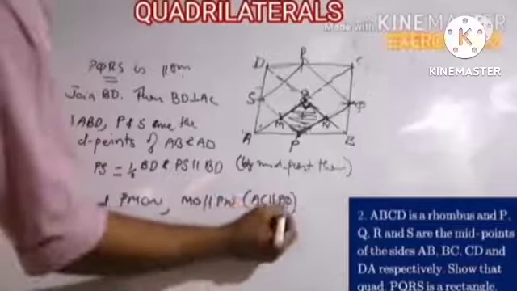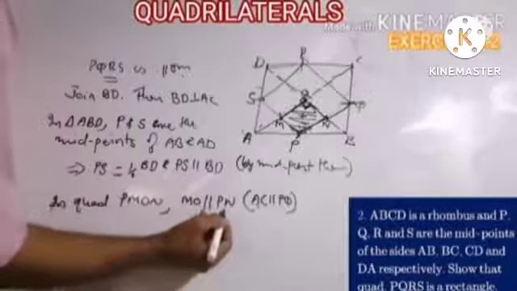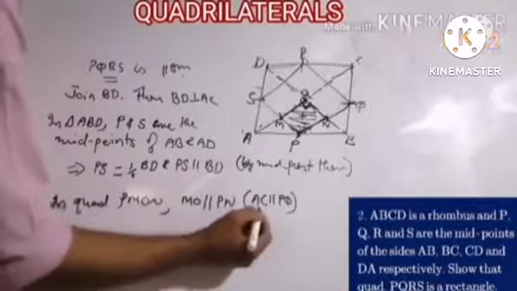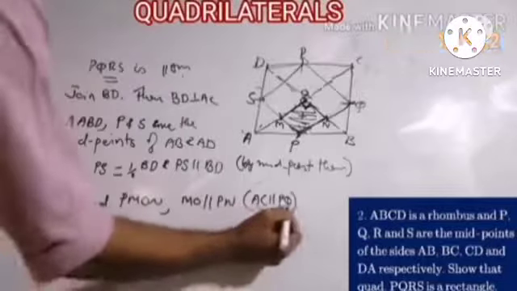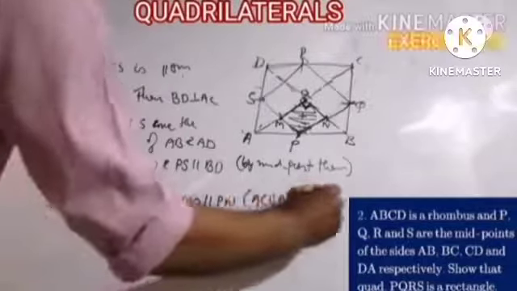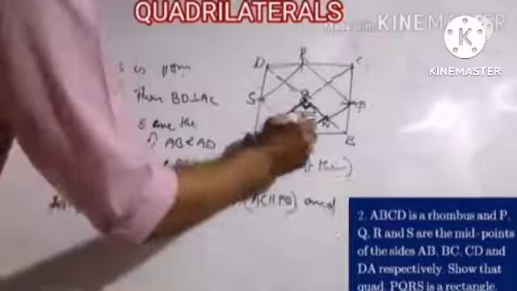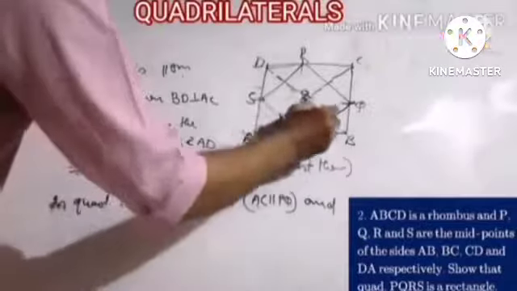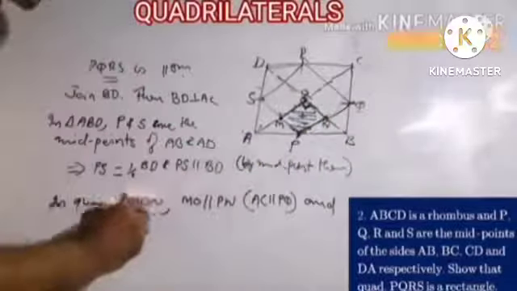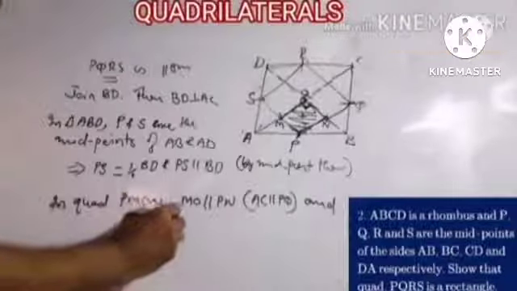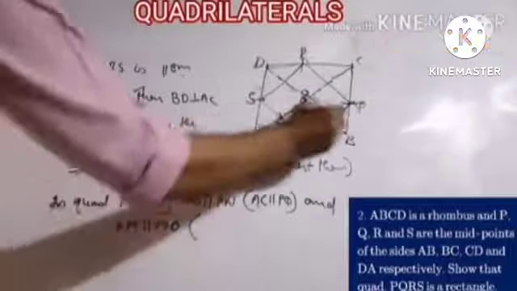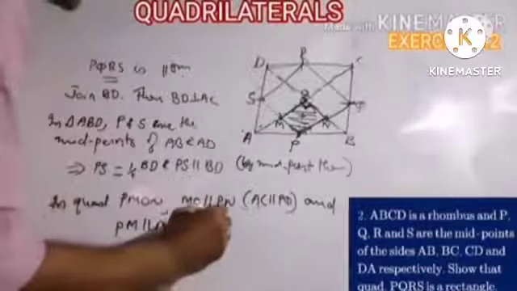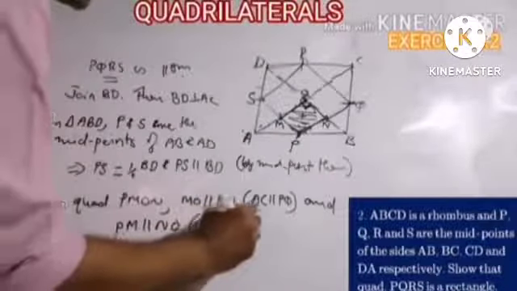So when AC is parallel to PQ, we can say that these two sides are parallel because MO is part of AC and PN is part of PQ. And consider this pair, PM parallel NO, because PS parallel BD.